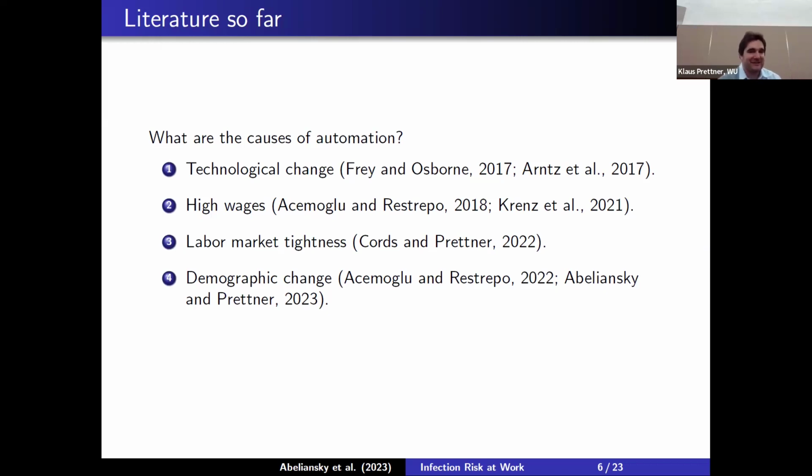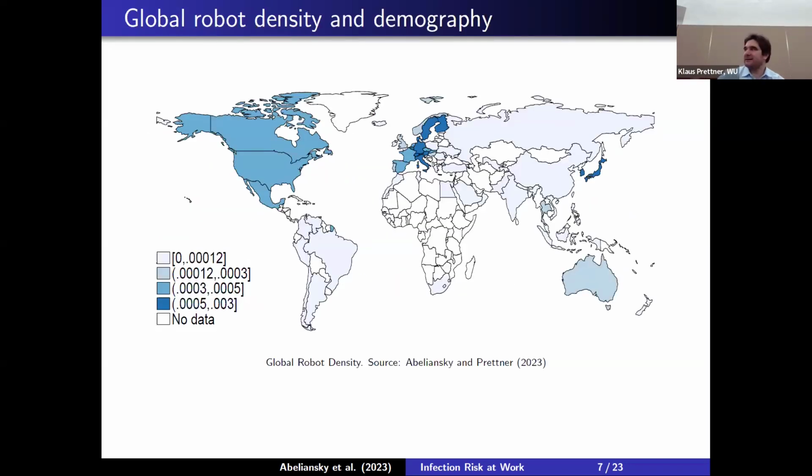And particularly here, I think the fourth point is important. Also, demographic change has been identified as one of the main driving forces of automation, because if fertility rates fall and you don't have a lot of immigration, then the workforce does not grow that fast, may even shrink, and that of course also implies an incentive to automate. And this can be illustrated here by a world map that plots automation density, in the sense of the number of industrial robots per 1,000 manufacturing workers, all across the world.